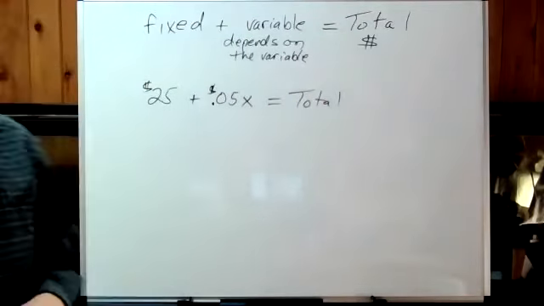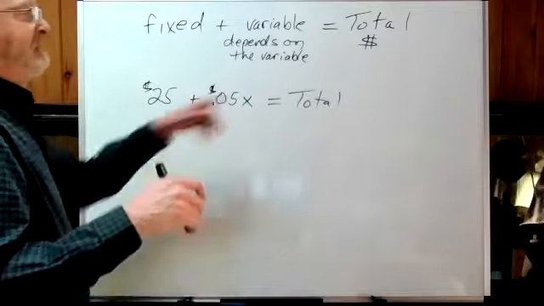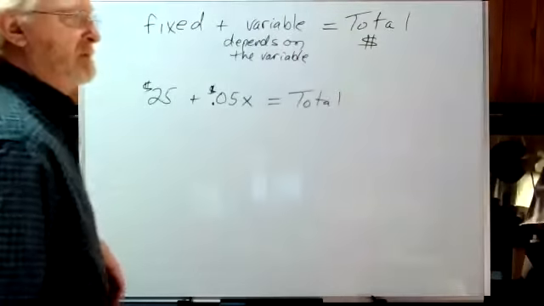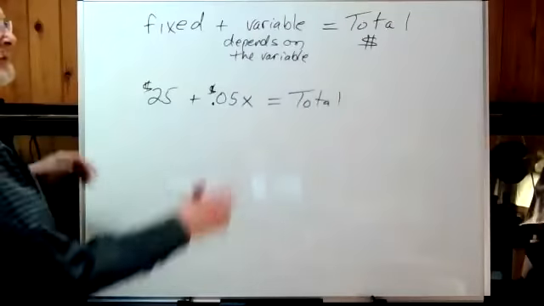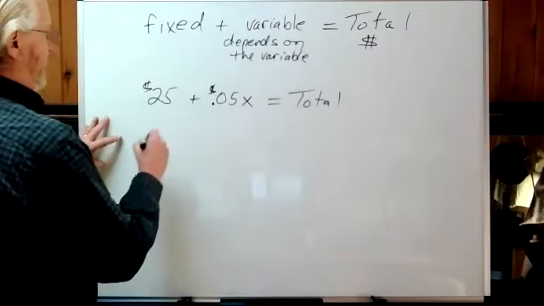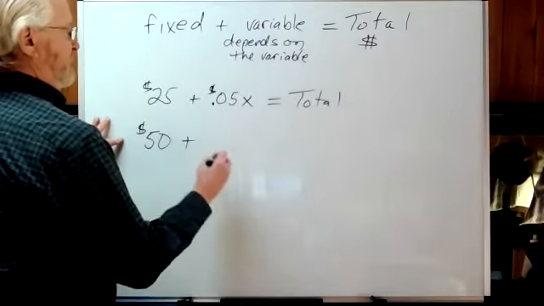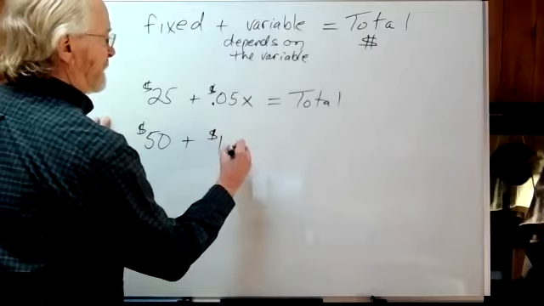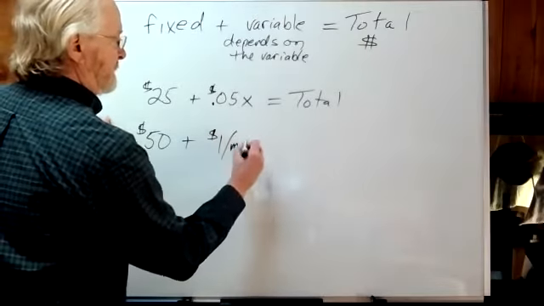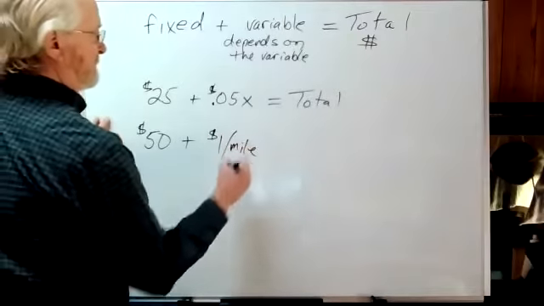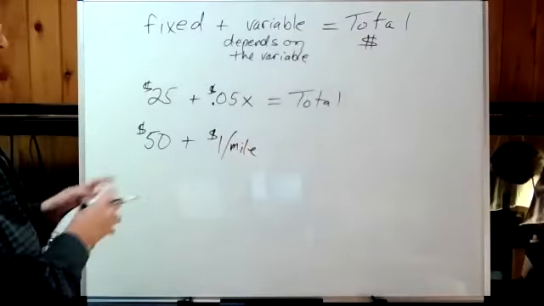Or a car rental, right? Car rental, again, often money, easy to frame here. I'm going to rent a vehicle, and this big truck, they want to charge me $50 plus $1 per mile, right? So there's where the variable goes. $1 for every mile.